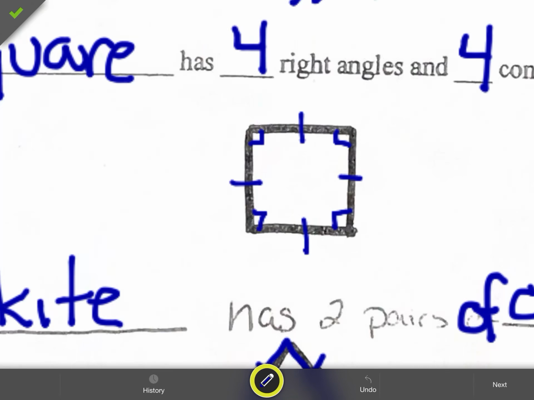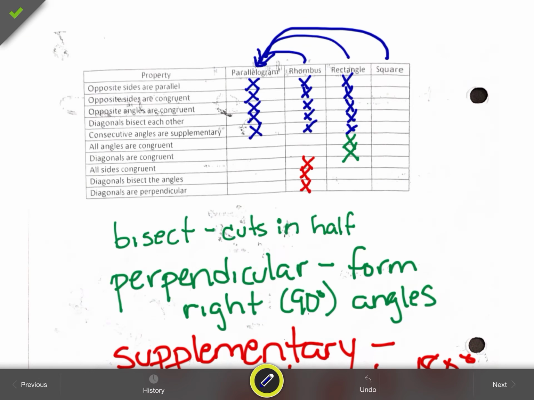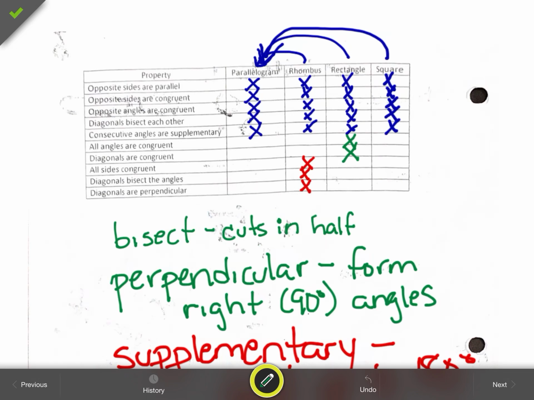Okay. Now, when we go over to our chart, we know a square is a special kind of parallelogram because it fits the definition. So check off the first 5. We also now see with the square that since it takes some of its stuff from the rectangle, all the angles are congruent because all 4 corners are 90, and my diagonals are congruent because, again, a square does not lean sideways.